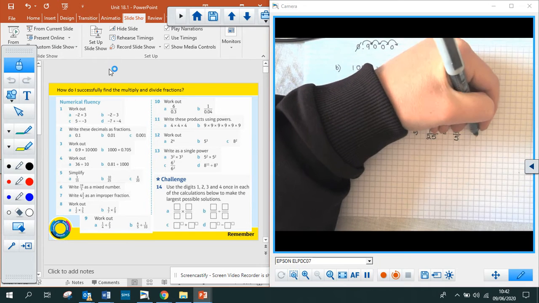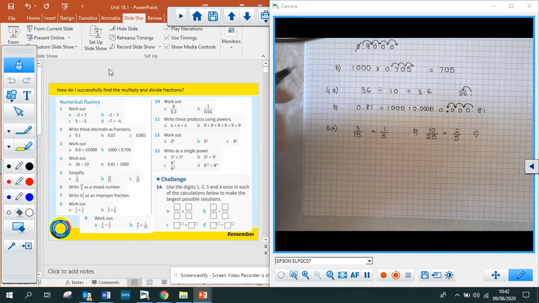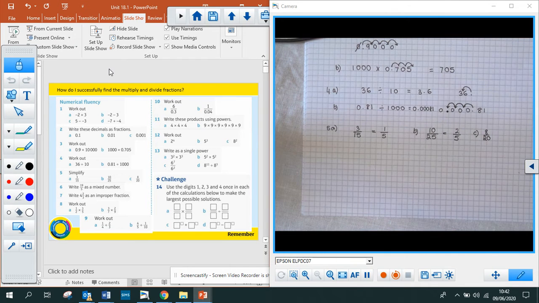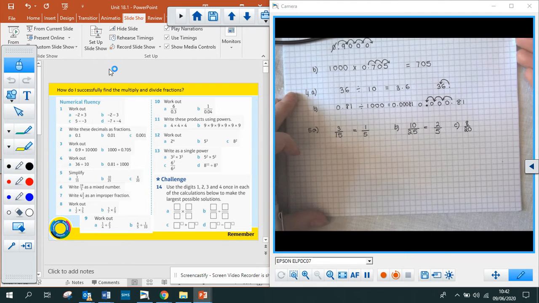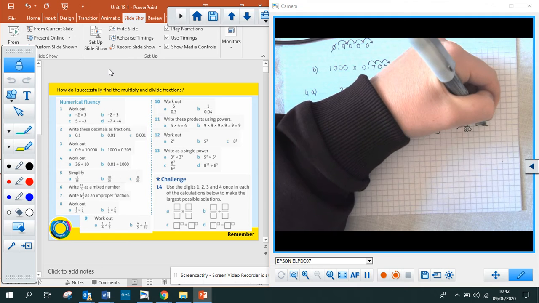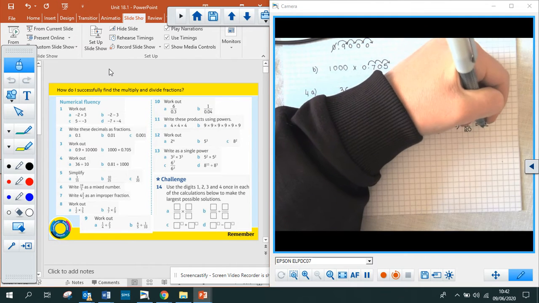And for part C, we have got 8/20. Okay, they're both divisible by 4. If you couldn't see that, you could start by dividing by 2. So I'll do that first, divide by 2. If I divide them both by 2, 8 divided by 2 is 4, 20 divided by 2 is 10.